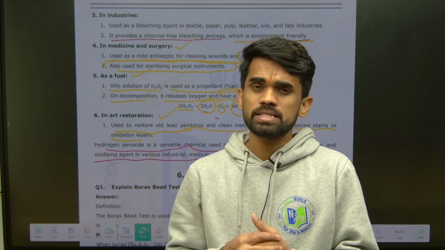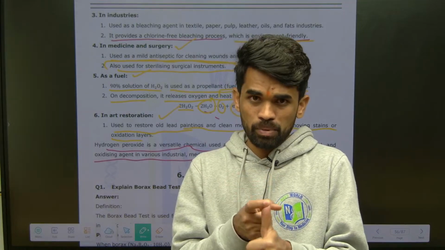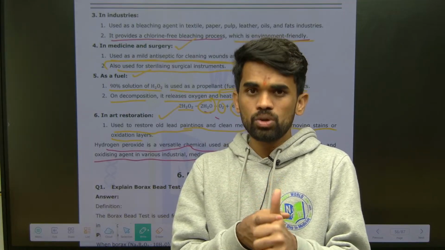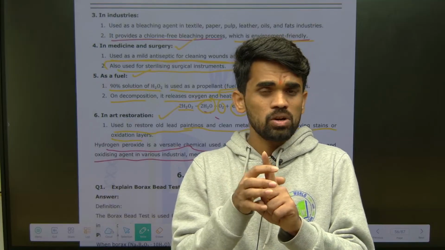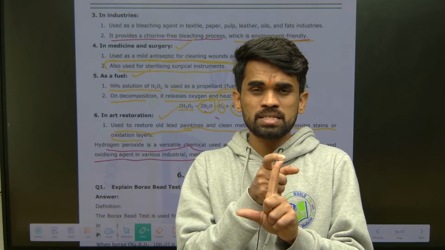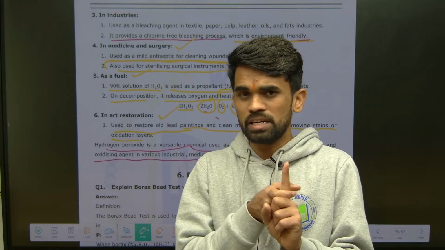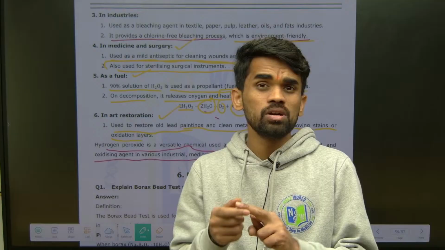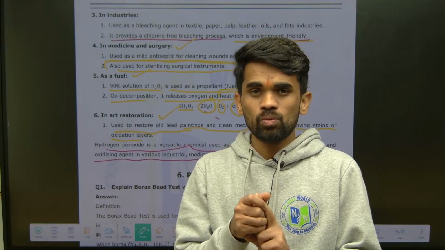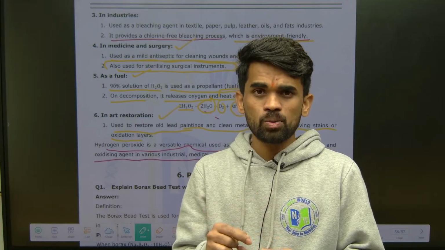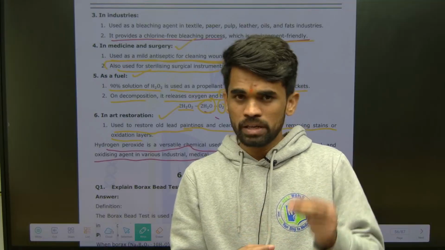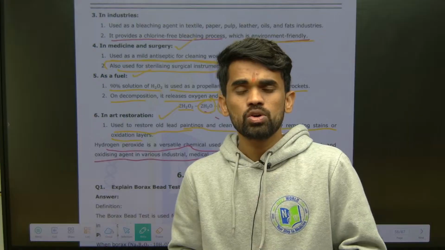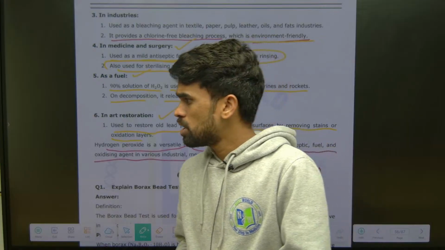Its preparation, properties, uses. And the next, we have seen electron rich hydrides, precise hydrides, deficient hydrides. And one more, hardness of water: what is meant by soft water, hard water, and how can we remove hardness of water? What are the methods we have? These are the important questions to be focused on from hydrogen and its compounds.